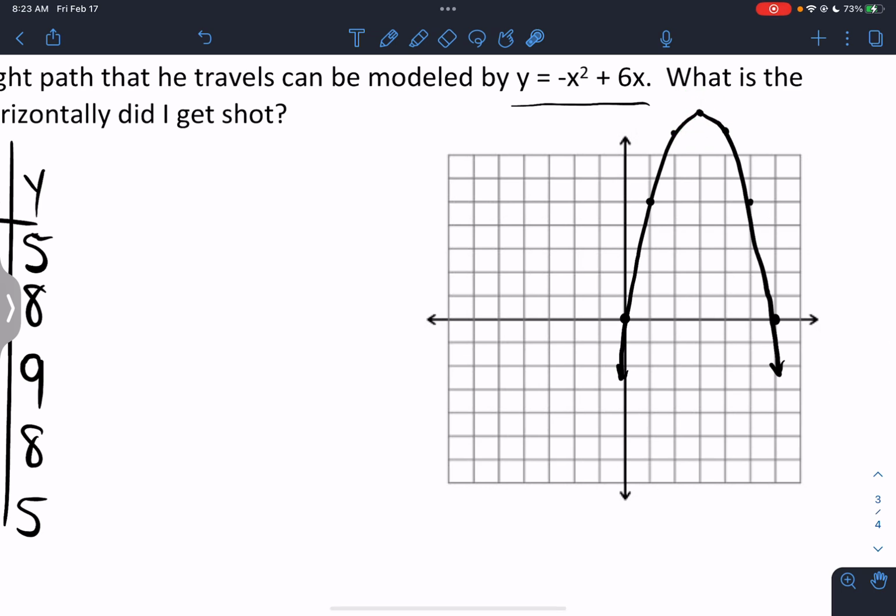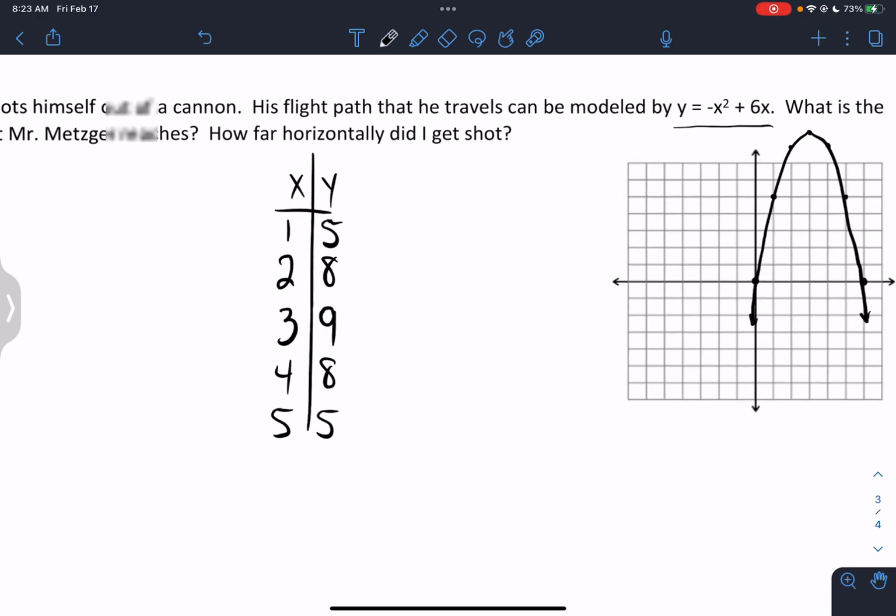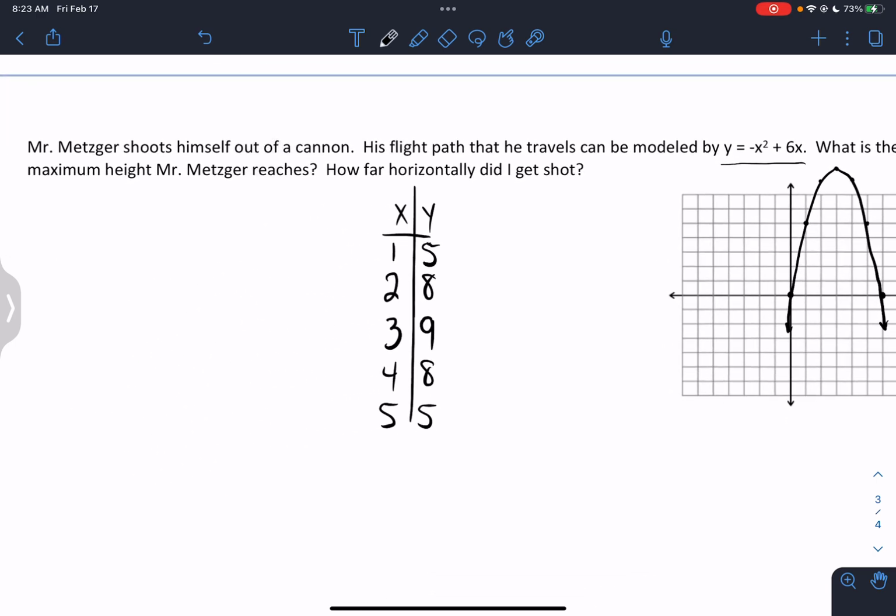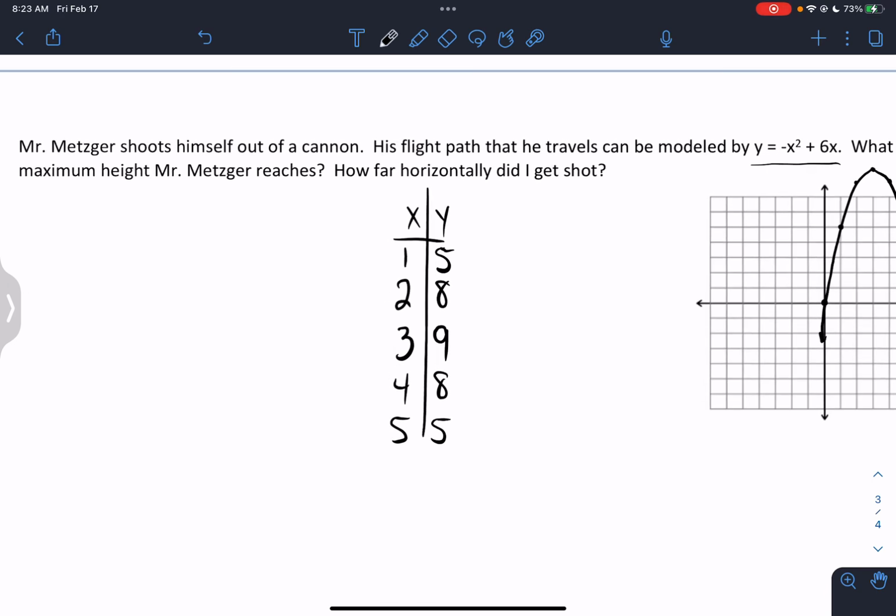That's my vertex, my maximum. So the highest I get shot is the ordered pair 3, 9. The trick is figuring out which one's my height, which one's my vertical, which is the 9. So 9 is my maximum height, and we could say 9 meters is the highest that I get shot.